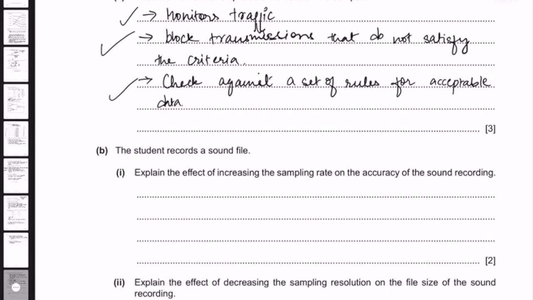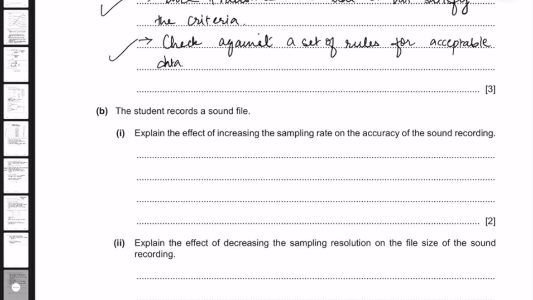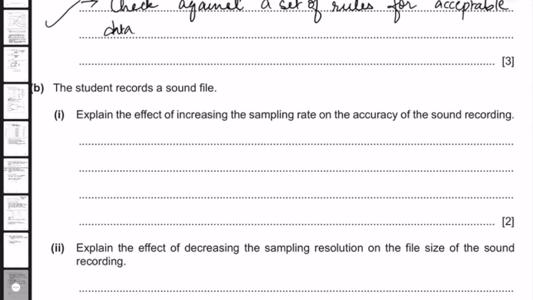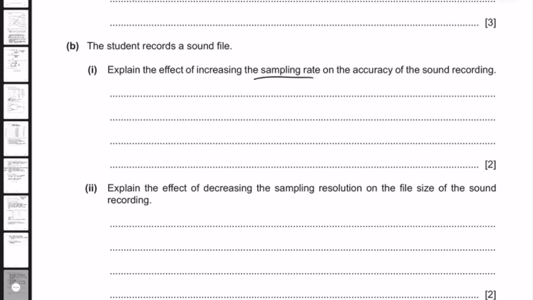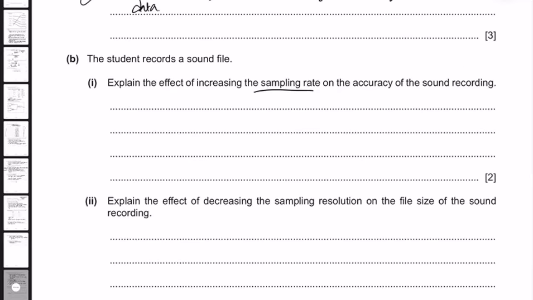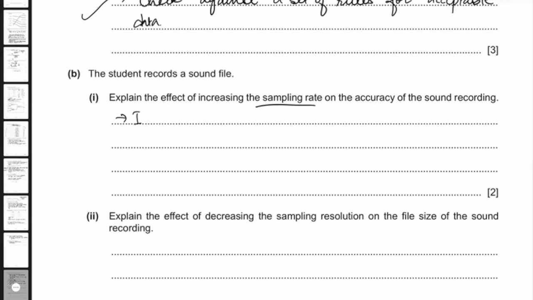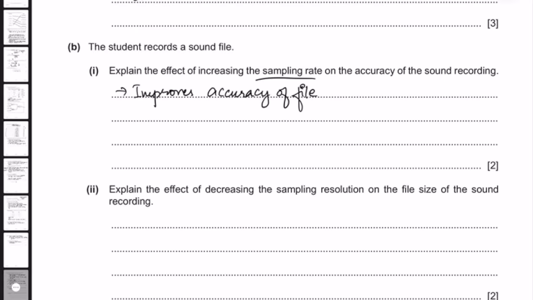Okay, cool. The student records a sound file. Explain the effect of increasing the sampling rate on the accuracy of sound recording. Okay, so that's simple. When you increase the sampling rate, which means you increase the number of samples taken per unit time, it will improve the accuracy of the sound file. Right, obviously.